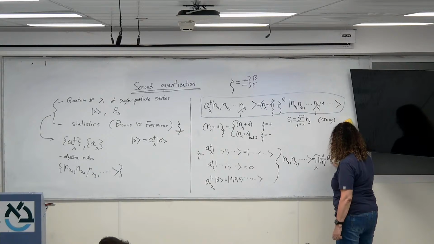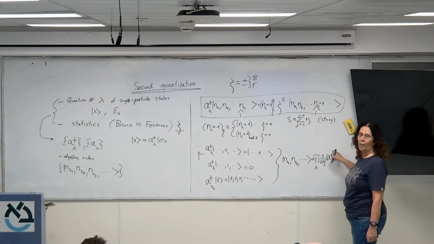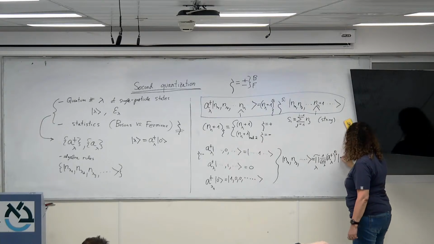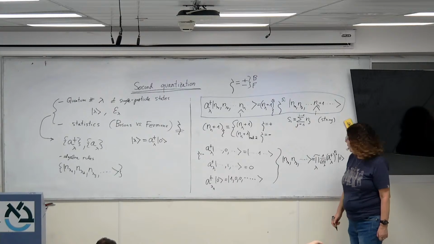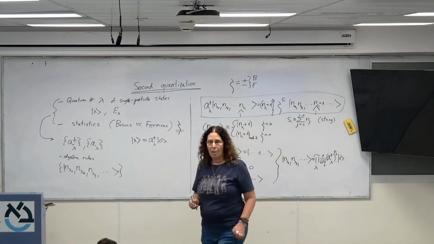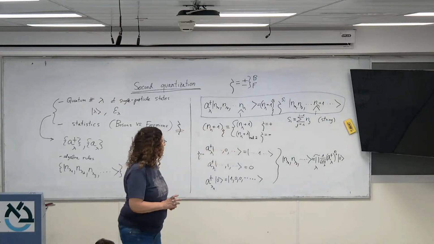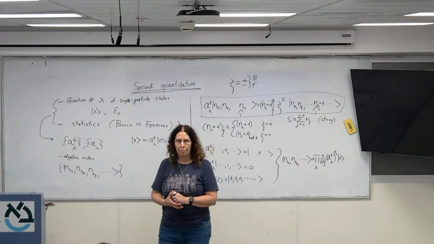And then we have a dagger lambda to the power n lambda acting on the vacuum, okay? And this is correct for both bosons and fermions, but for fermions, all the n's here cannot be bigger than 1, okay?